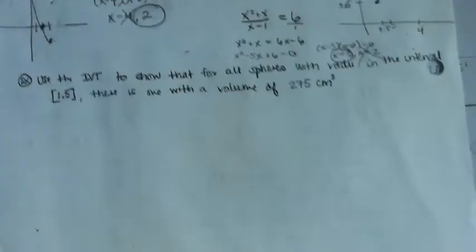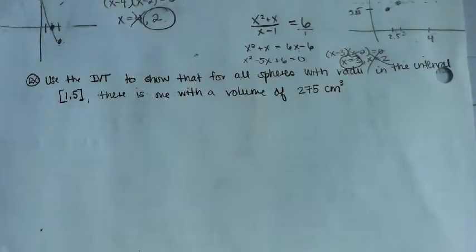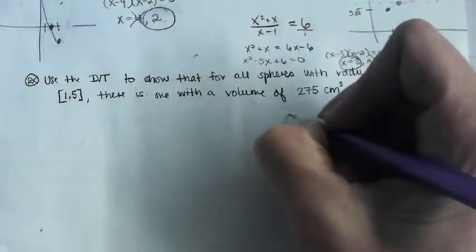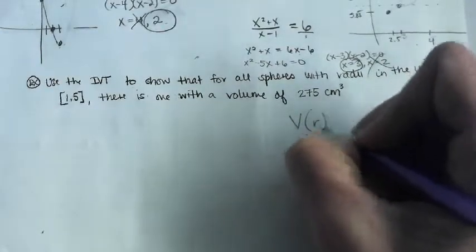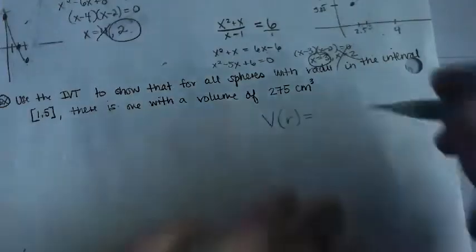Yeah. And then the last one is more of an application for the volume of a sphere. So the volume of a sphere is based on the size of its radius. I'm just going to give you the formula of that because I didn't remember it.